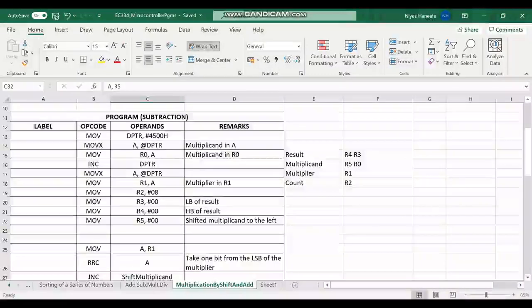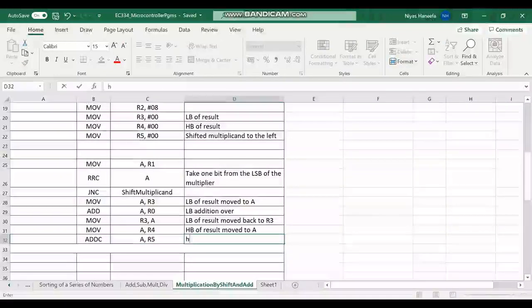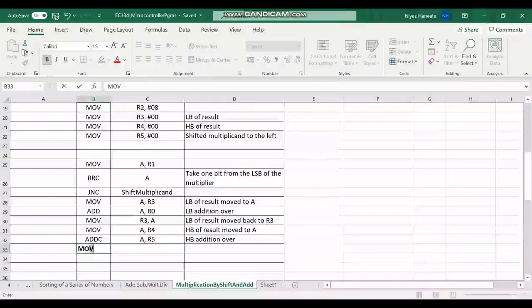So R4 and R5 are going to be added. R4 we move to A. So R4 plus R5 plus the carry from the lower byte will be added here. So higher byte addition over. Now we have to move this back to the result register.